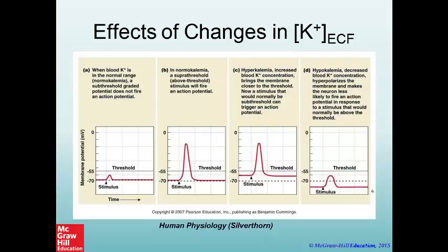So when blood potassium is in the normal range, 3.5 to 5.0 milliequivalents per liter, then you have what's called normokalemia and a subthreshold stimulus, a depolarization, a graded potential that does not reach threshold, does not open voltage-gated sodium channels, and you do not get an action potential.